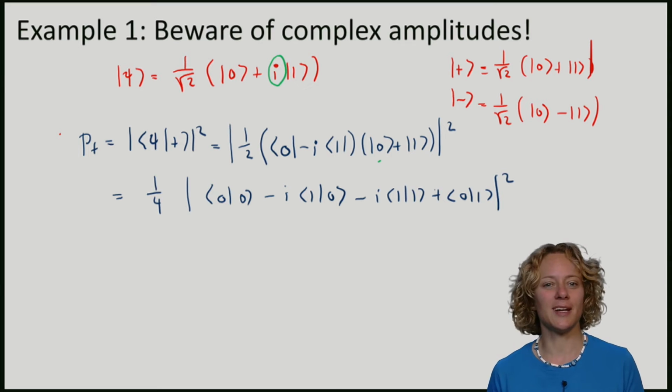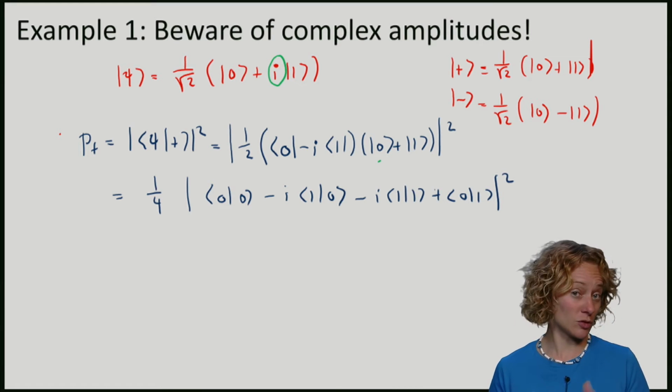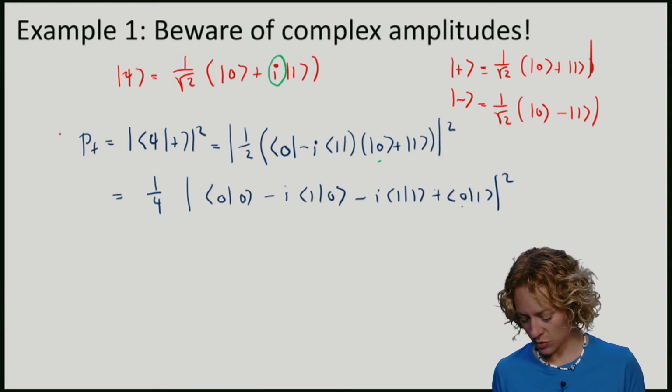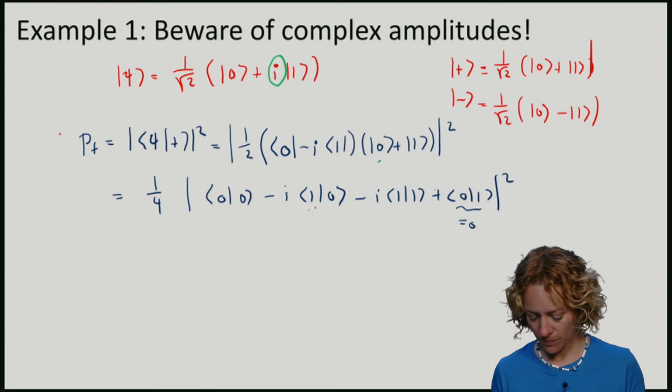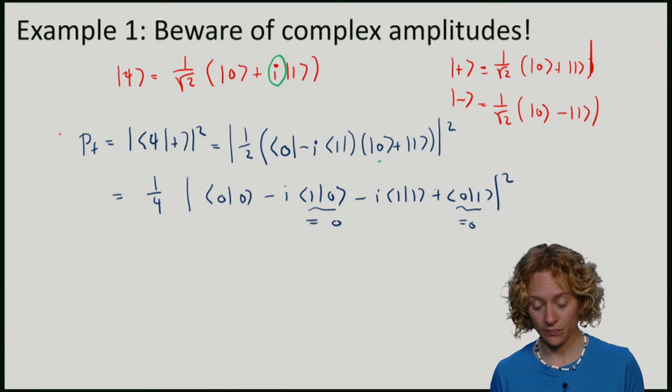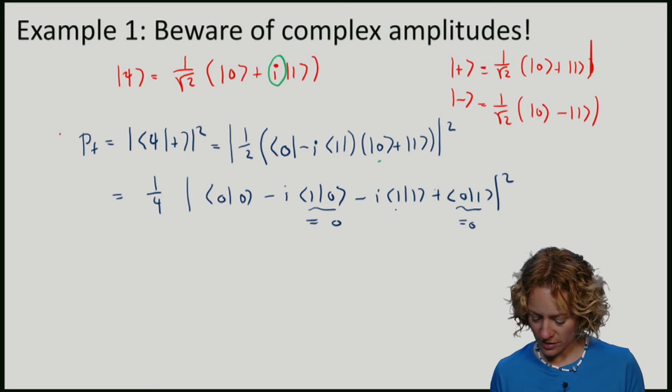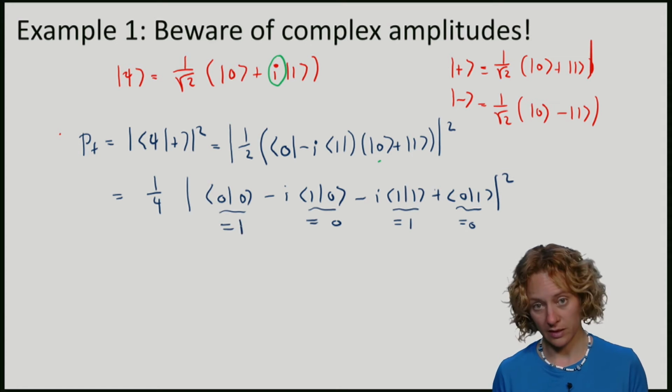So remember that the elements of the standard basis are orthogonal to each other, which means that this here is 0 and this here is 0. And the vectors have length 1, so this here has length 1 and this one has length 1.